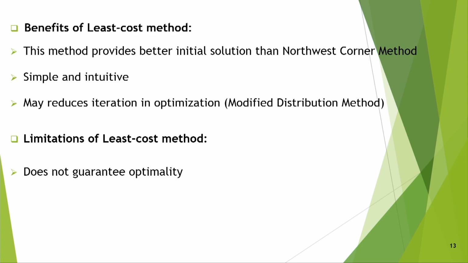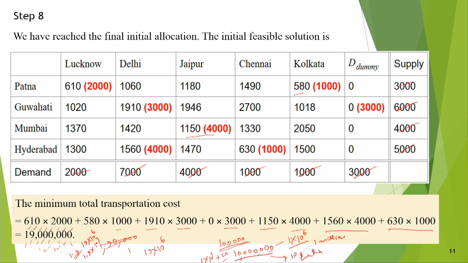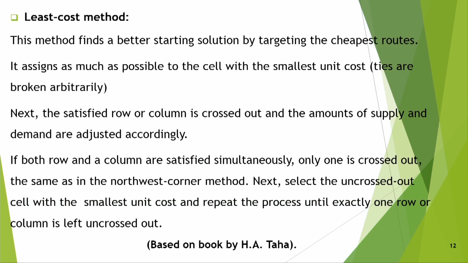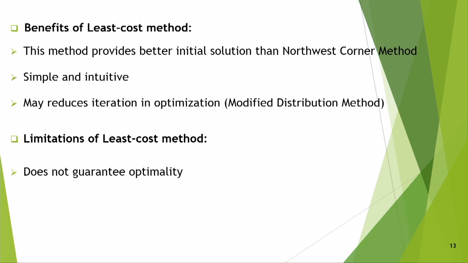So what are the benefits of the least cost method? You see that the same problem we did by the northwest corner method, and I think we got in the class about more than 2 crore or something, but here we are getting 1.9 crore. So naturally the cost is less. So the benefits are that this method provides a better solution than the northwest corner method.